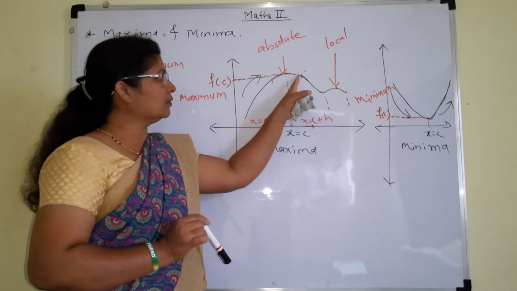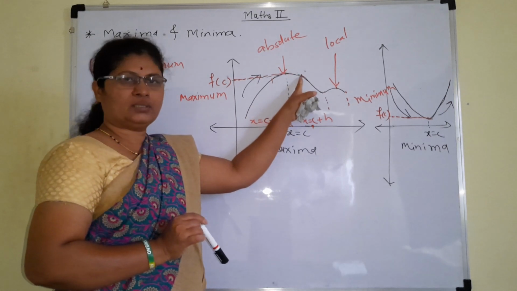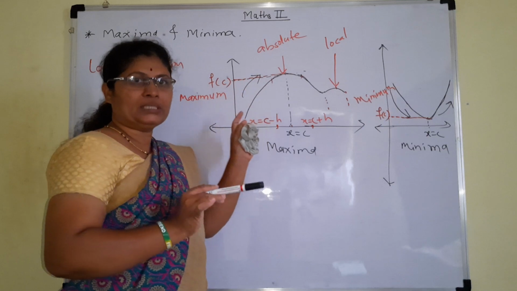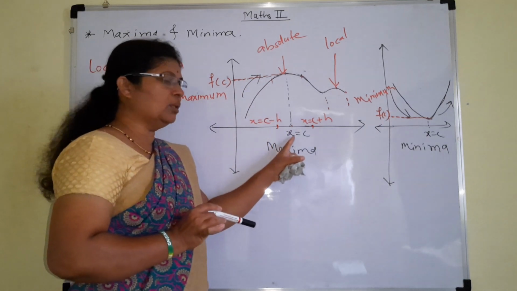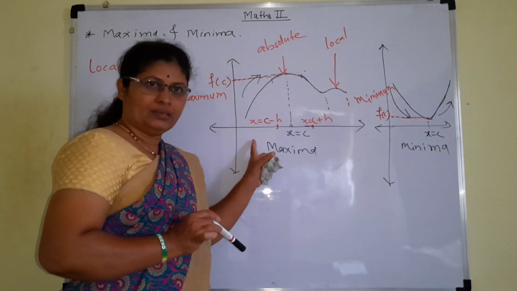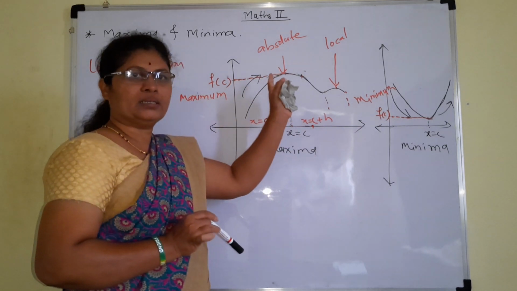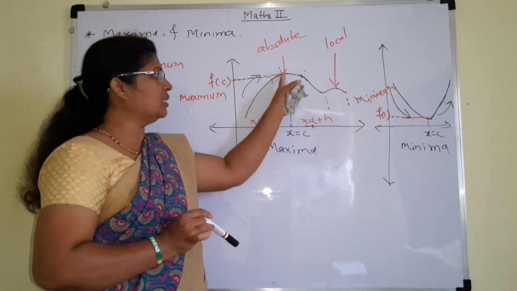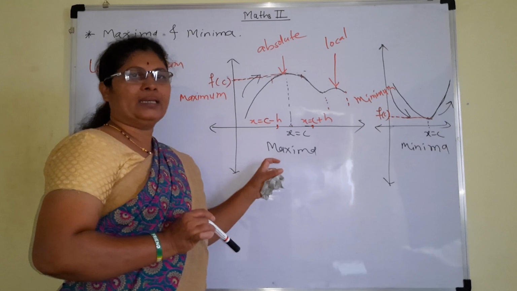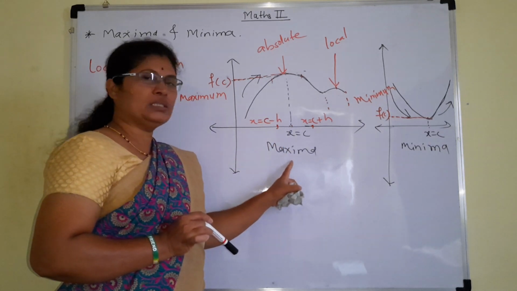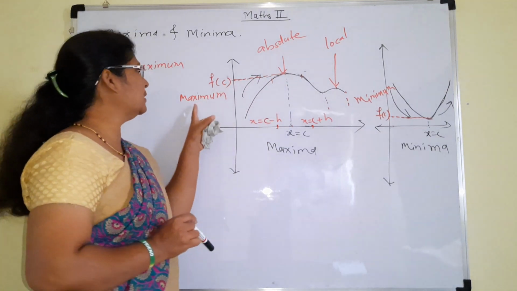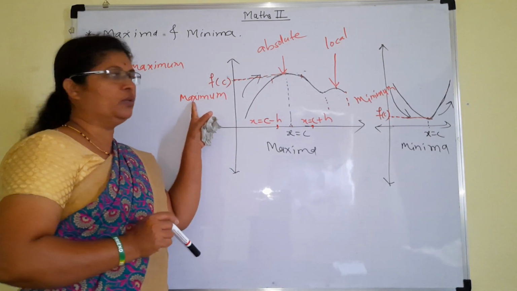So this part of the function is a decreasing function. So if for the point x equal to c, to the left hand side the function is increasing, and from c to the right hand side the function is decreasing, then x equal to c is called maxima, and that value of the function is called the maximum value of the function.